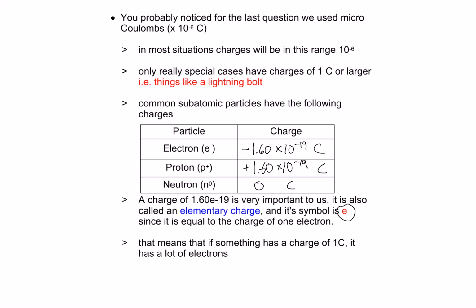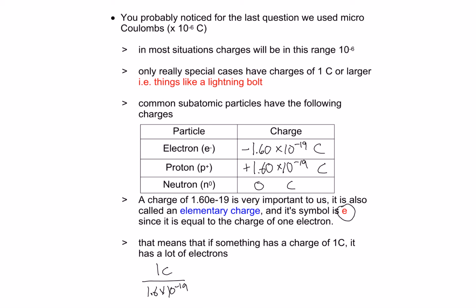And let's think about what that means. If we were to try to figure out how many electrons are in 1 coulomb of charge, we can figure it out by saying 1 coulomb divided by our elementary charge, 1.6 times 10 to the negative 19. So we try to figure out how many electrons per coulomb.